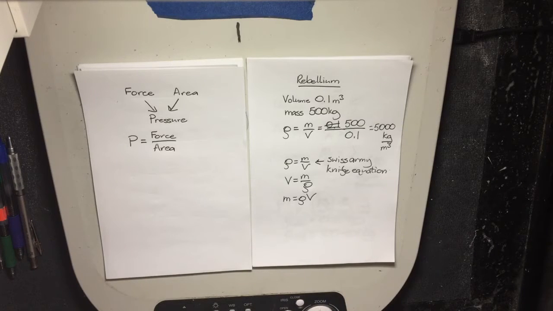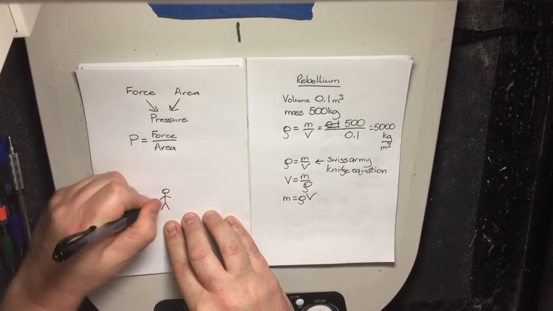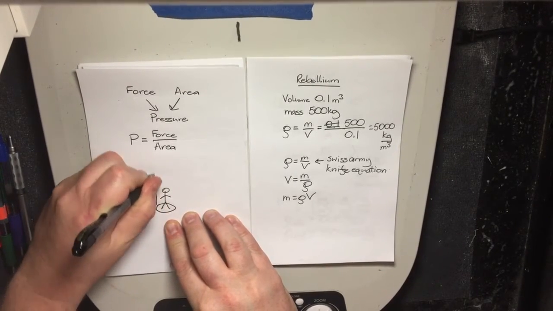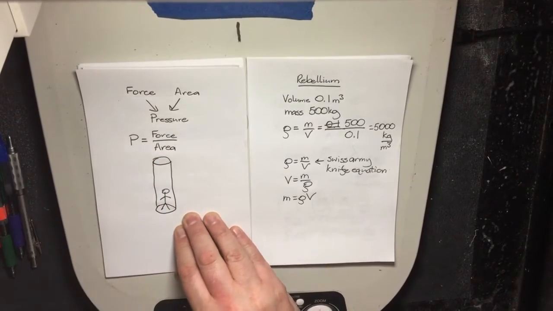Now to us, we don't really feel anything extra because A, we're used to it, and B, it's not really all that much. But on us, there's this huge column of air that's on top of us.